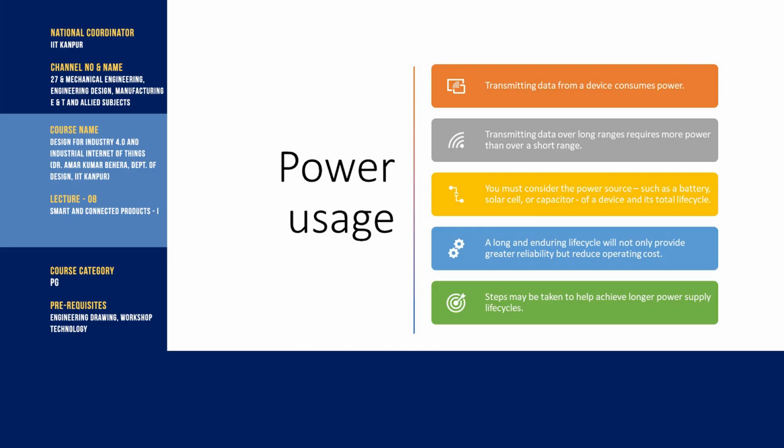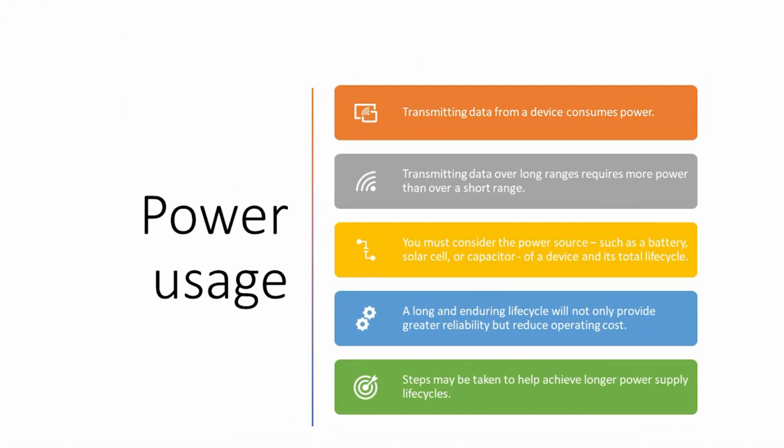So, you may take steps in designing your devices so that they achieve longer power supply life cycle, so they are usable over long periods of time. Then you also need to think about the maintenance based on that. How often do you need to replace your battery or your solar cell or your capacitor, and so on and so forth.